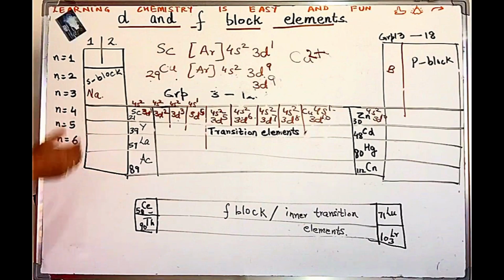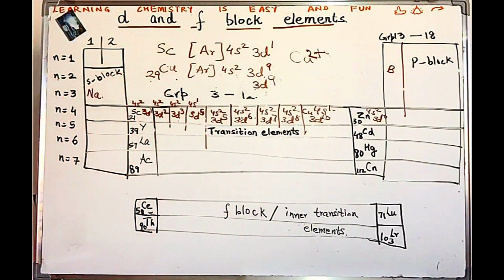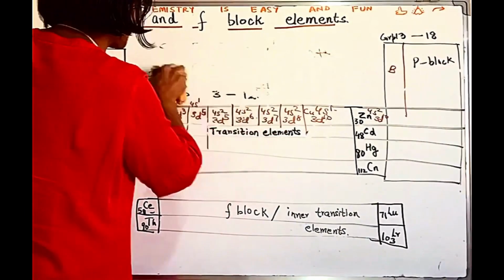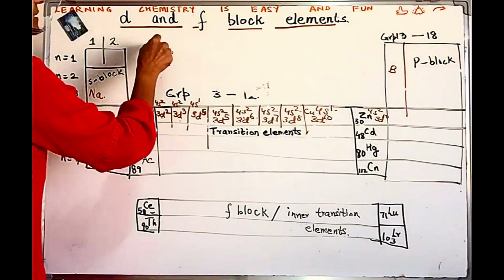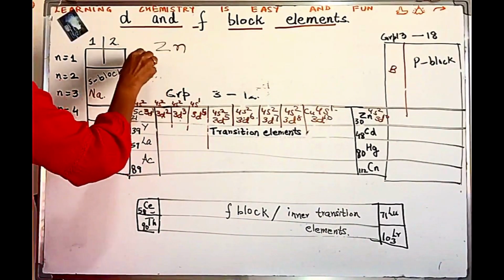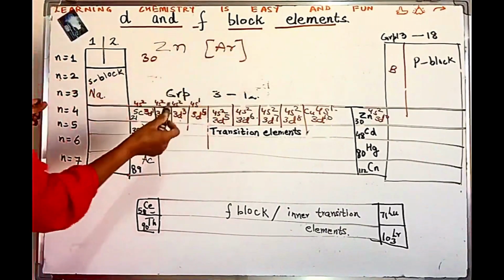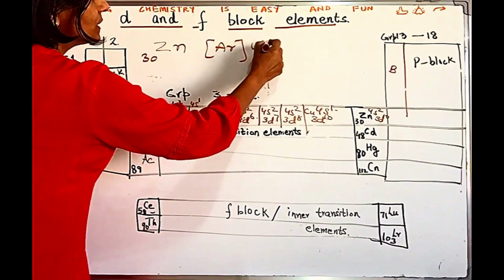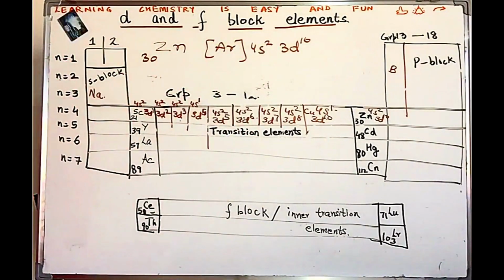Now the objection is, talk about zinc. If I am talking about zinc, let us see the configuration. Zinc, atomic number 30, configuration will be argon here and then 4s2, 3d10. Fully filled d orbital.